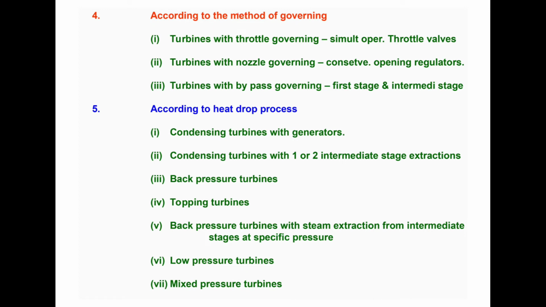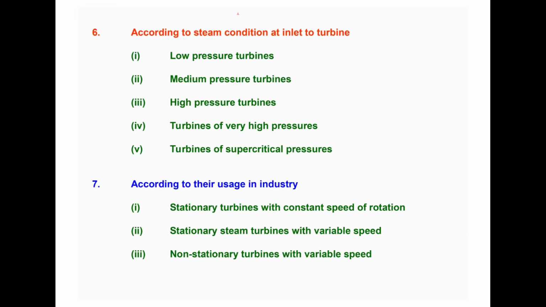And then according to the heat drop process: condensation turbines with generator, condensing turbines with 1 or 2 intermediate stage extraction, back pressure turbines, topping turbines, back pressure turbines with steam extraction from intermediate stages at specific pressure, low pressure turbines and mixed pressure turbines.